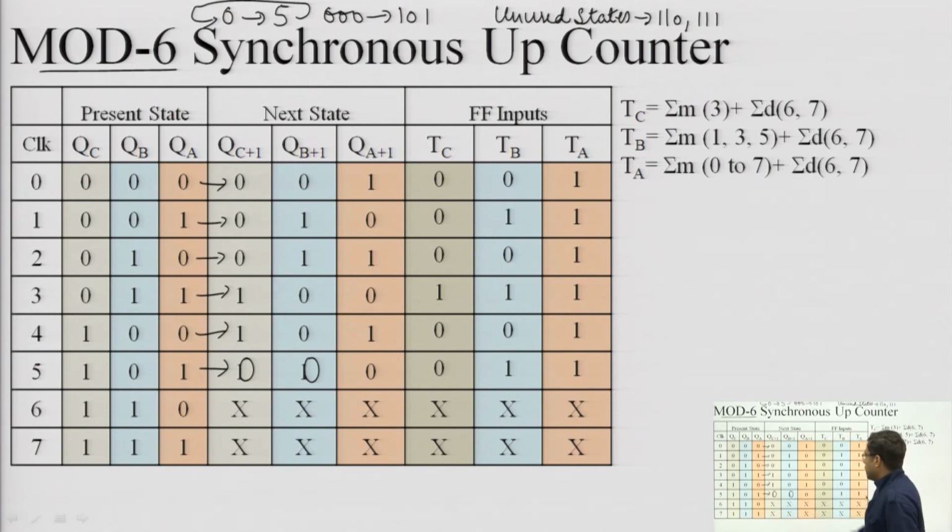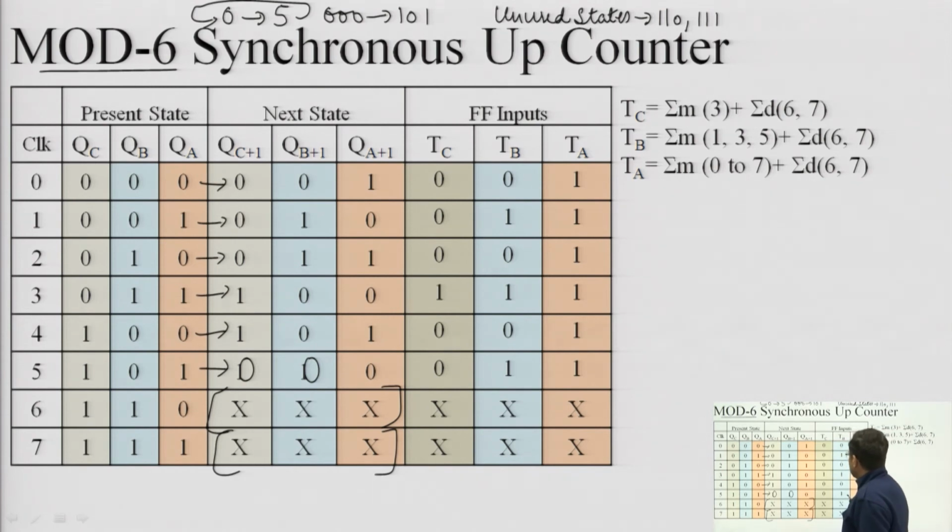So for 5 I am having 0, and for 6 and 7 you can check that they are don't care terms, because I am not interested in 6 and 7. Whatever the next state of these will be, I am not bothered about that. So I have placed don't care terms here. 6 and 7 are the don't care terms.